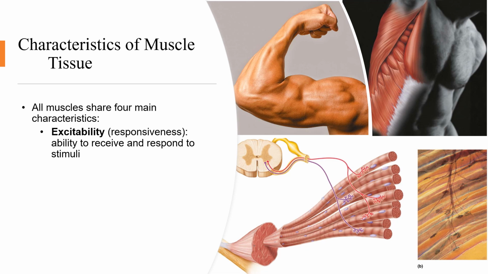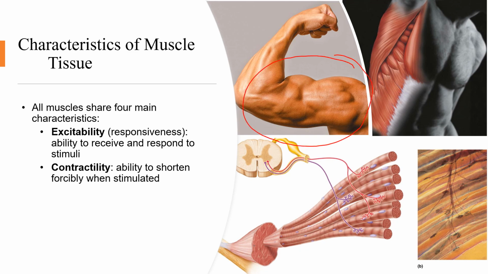We will get into the details of how this takes place with the motor neurons that cause muscle contractions. They also have contractility. These cells are able to contract, which means to shorten. When we have contractility, just think about flexing your arm: you are shortening the length of some of those muscles and contracting them.